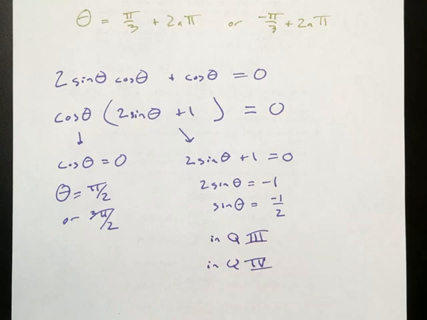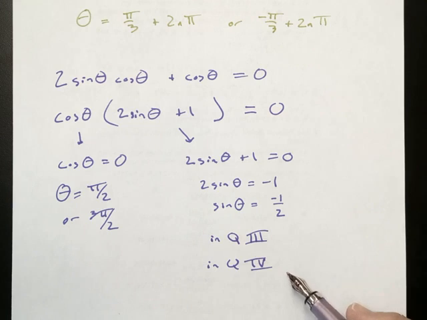Okay, if the reference angle would be in quadrant 1, where is sine equal to 1/2? First quadrant. Where is sine equal to positive 1/2? Right, where is sine equal to positive 1/2? 5/6. So that's my reference angle. The reference angle is pi over 6.